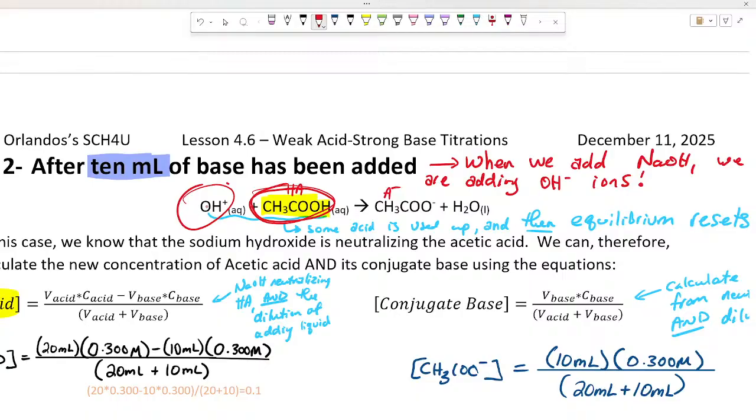If we keep adding OH minus, eventually we will use it up. There will come a point where we use up all of the initial acid, not via any equilibrium, but by the OH minus that we're adding. That is the equivalence point. That's what we always called the equivalence point in a normal titration, right? When we'd used up all of the acid with the base that we're adding. Does that make sense? Look at me again. I want to make sure everyone's got this. The equivalence point is when all of the acid that we start with has been reacted away by the base that we've added.